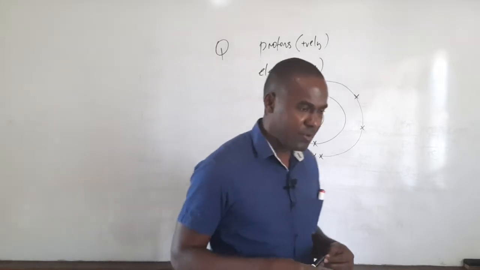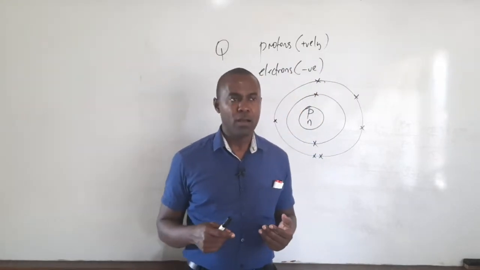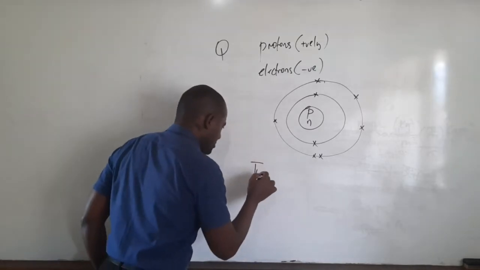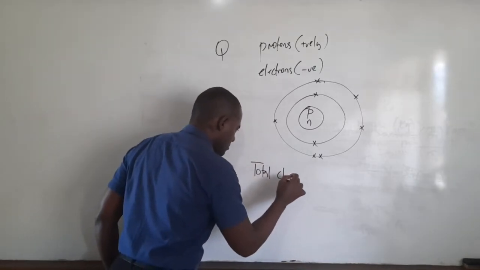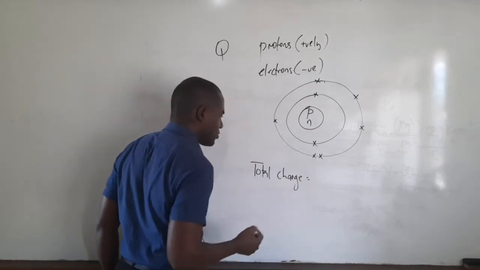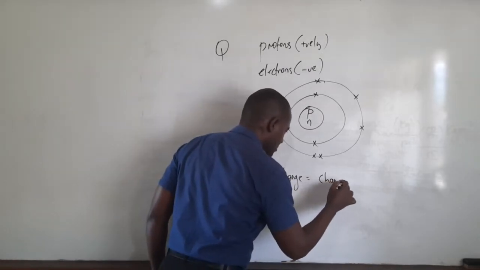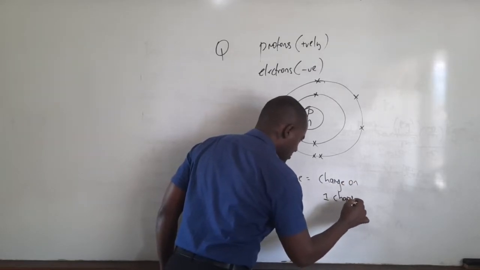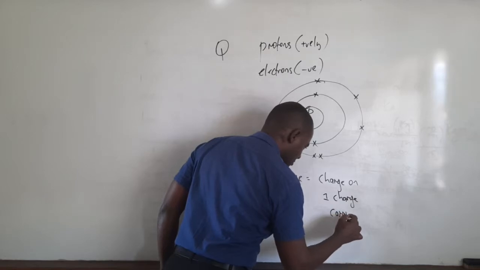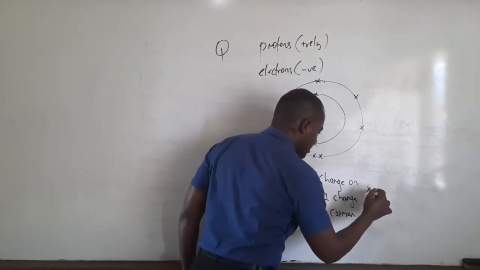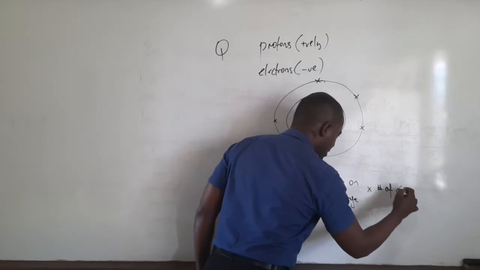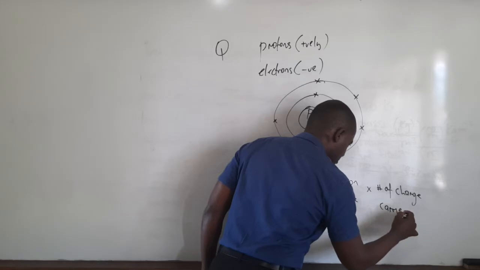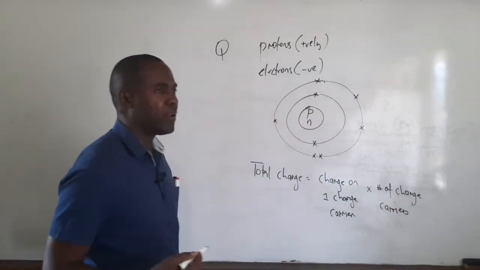Now basically, if we talk about the total charge possessed by any particular body, then the total charge is equal to the charge on one charge carrier multiplied by the number of charge carriers. So generally, that is how we calculate total charge.